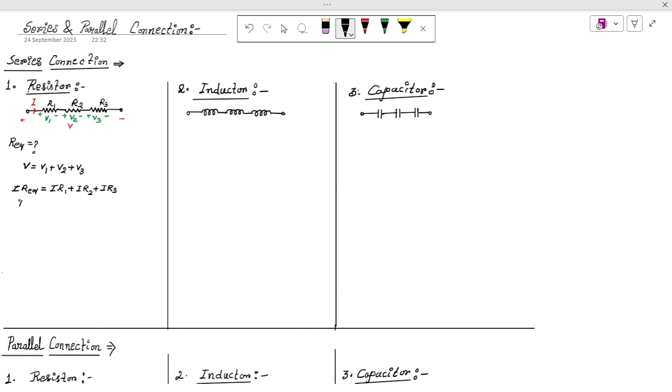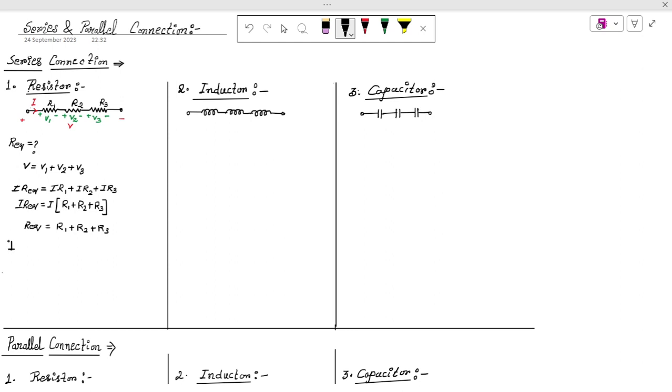So here you see I R equivalent equals I into R1 plus R2 plus R3. So R equivalent equals R1 plus R2 plus R3.